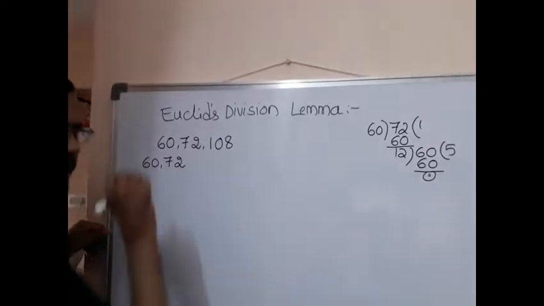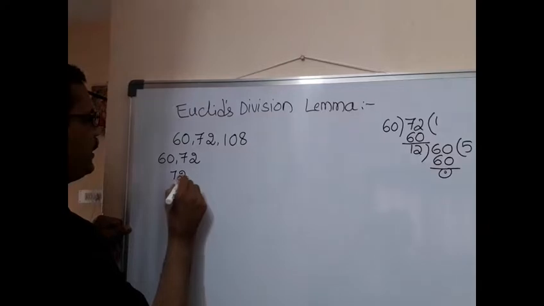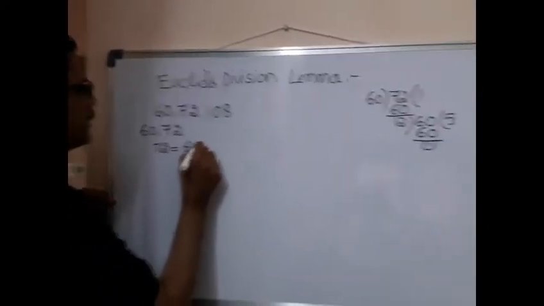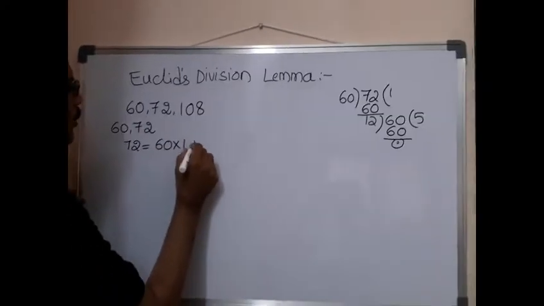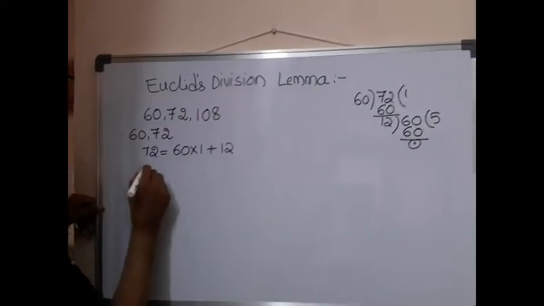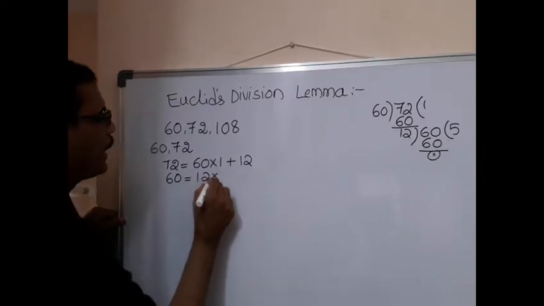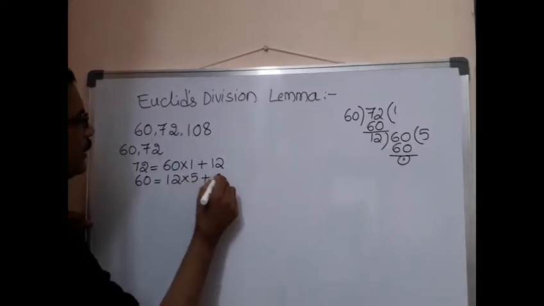Now writing in a = bq + r form: 72 = 60 into 1 plus 12, and 60 = 12 into 5 plus 0.